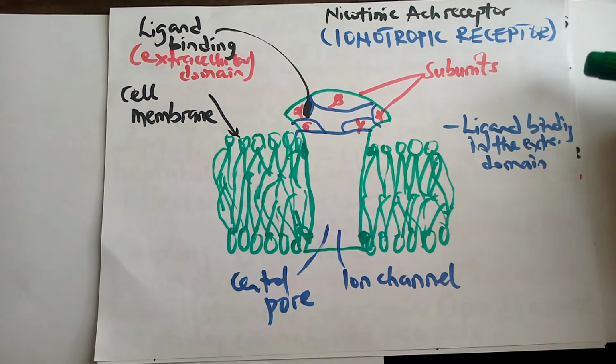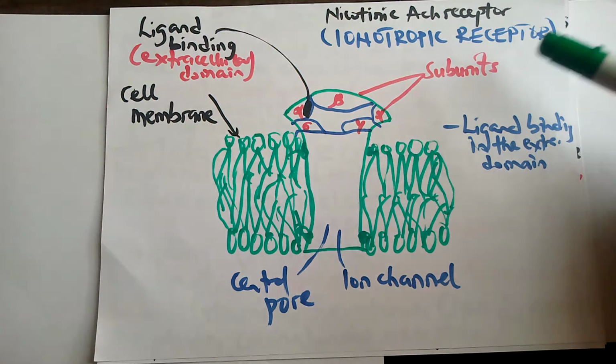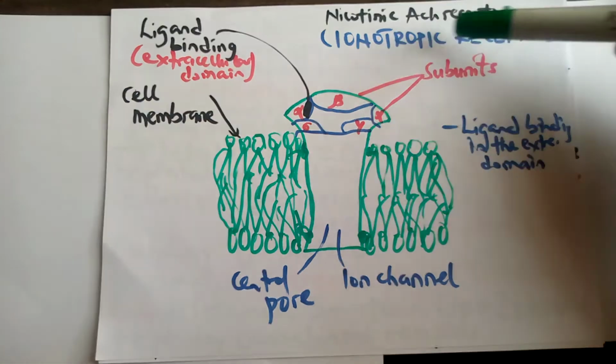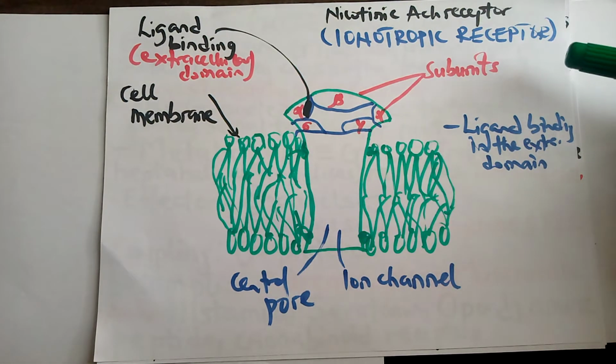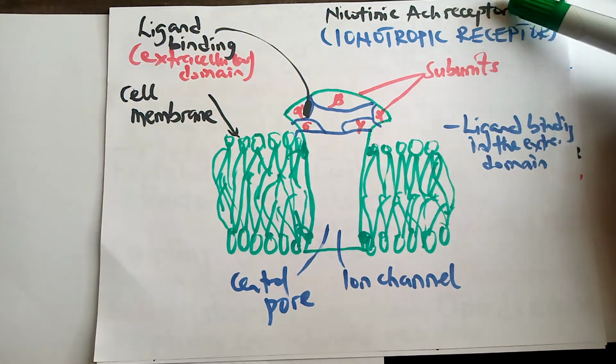This is a diagram of an ionotropic receptor. Don't forget that ionotropic receptors are also called ligand-gated receptors. A typical example is the nicotinic acetylcholine receptor.